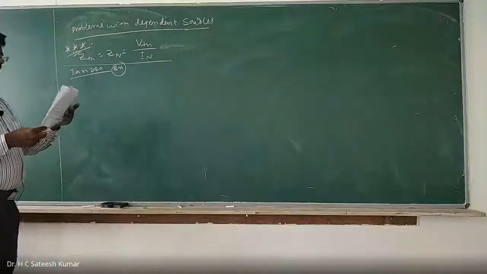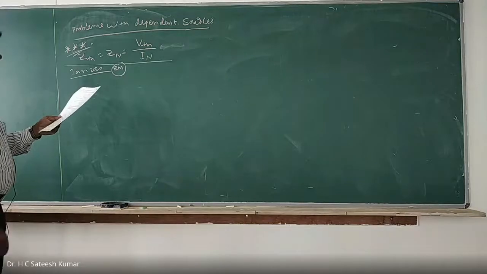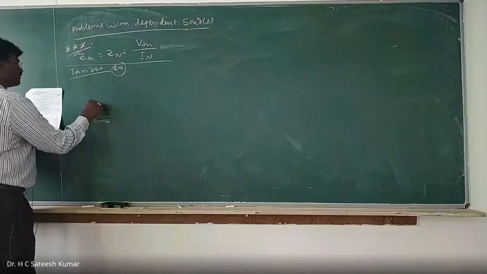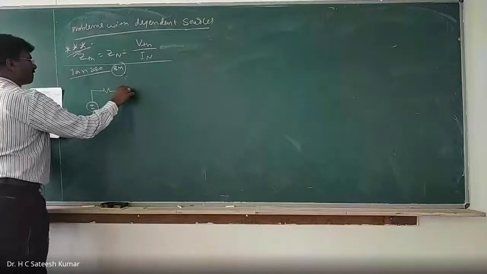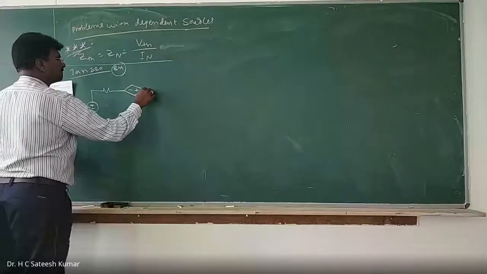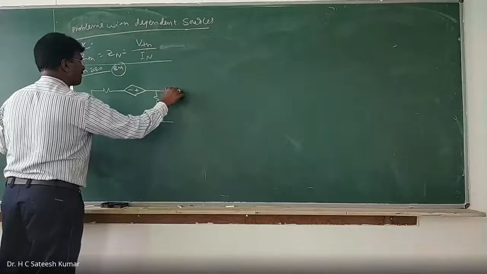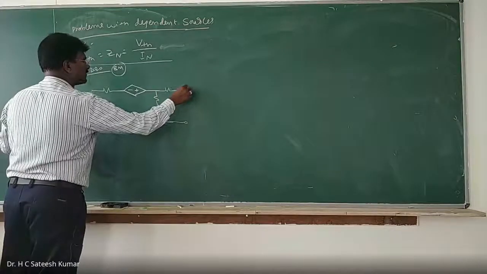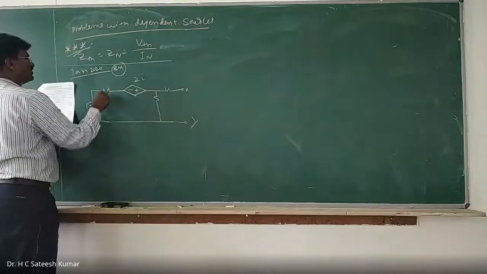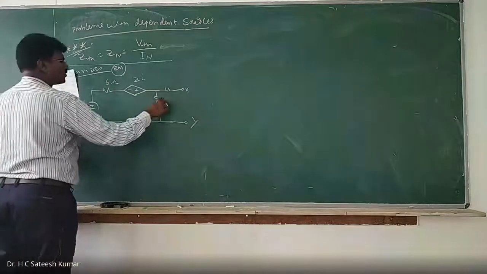The question is like this: find the Thevenin's equivalent for the circuit shown in the figure with respect to terminals X and Y. So the circuit has a source, a resistance, terminals X, Y, a dependent source 2I, 6 ohms, 20 volts, and 6 ohms.